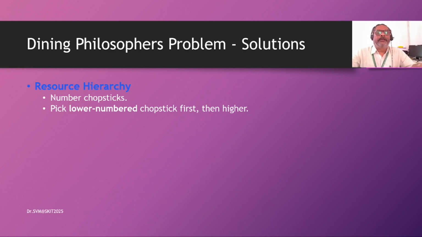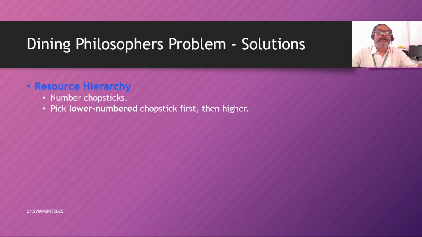If philosopher 1 has selected the left one, chopstick number 1, and at the same time philosopher 5 wants to eat, then 5 tries to select the smallest number. The smallest number is already taken, therefore it cannot get 1. Since it cannot get 1, it will not try to get 5. Therefore philosopher 5 will not pick any of the chopsticks.